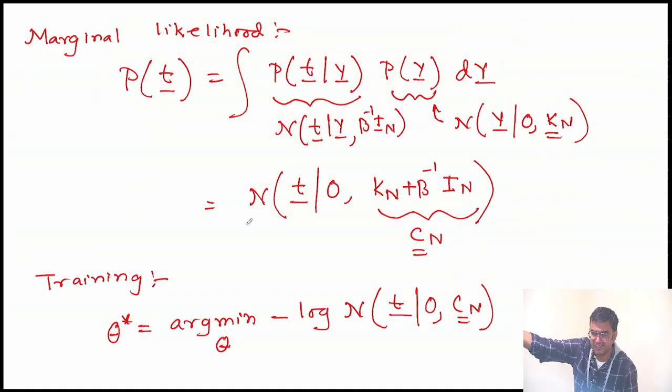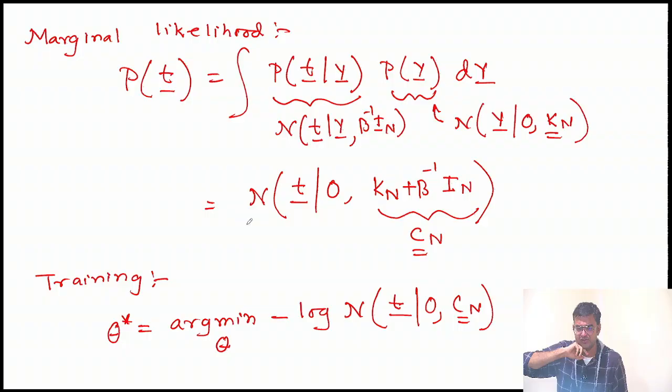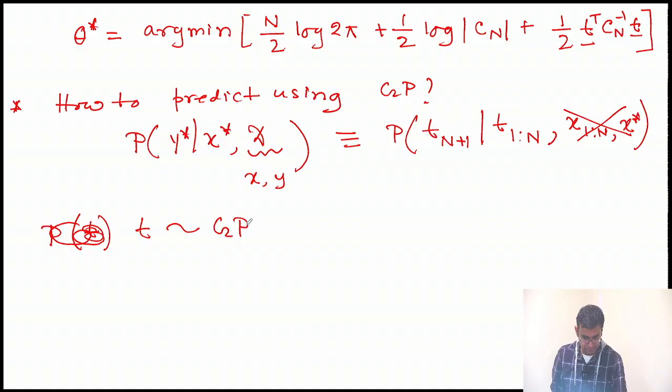So from here, I should be able to conclude that T is a Gaussian process. A Gaussian process with mean function 0, and covariance Cn, right? So T is a Gaussian process. Let's write with 0 and Cn plus 1.